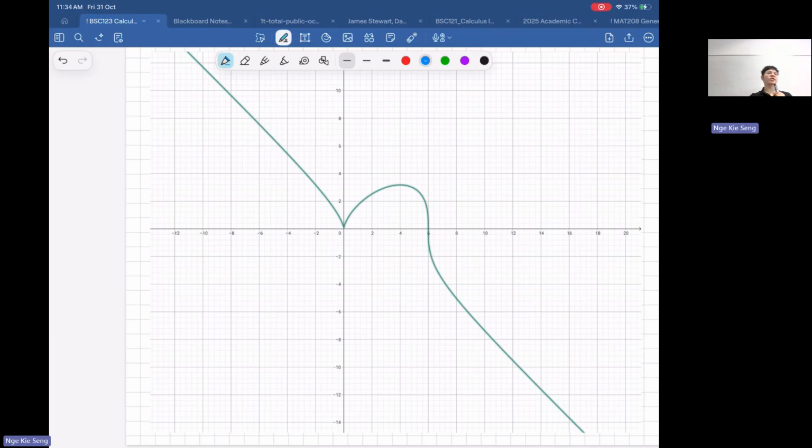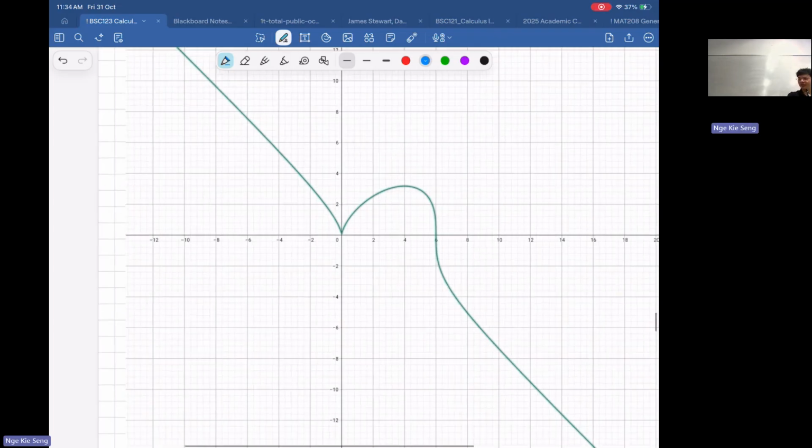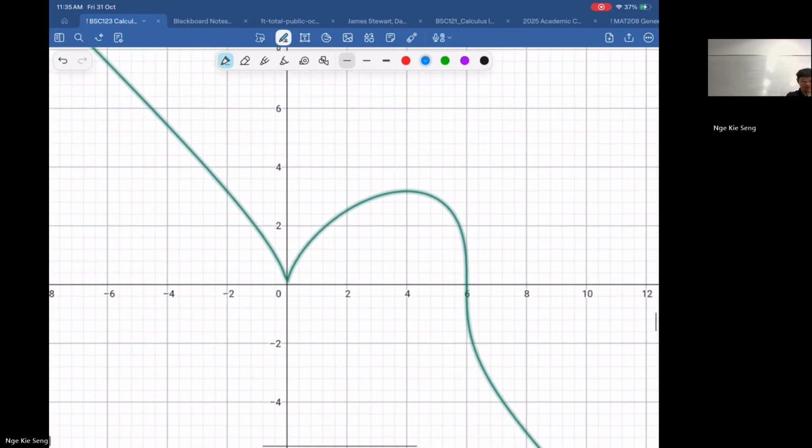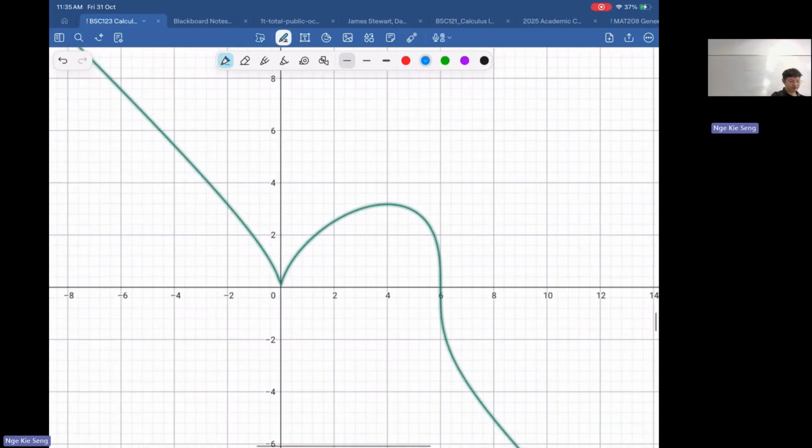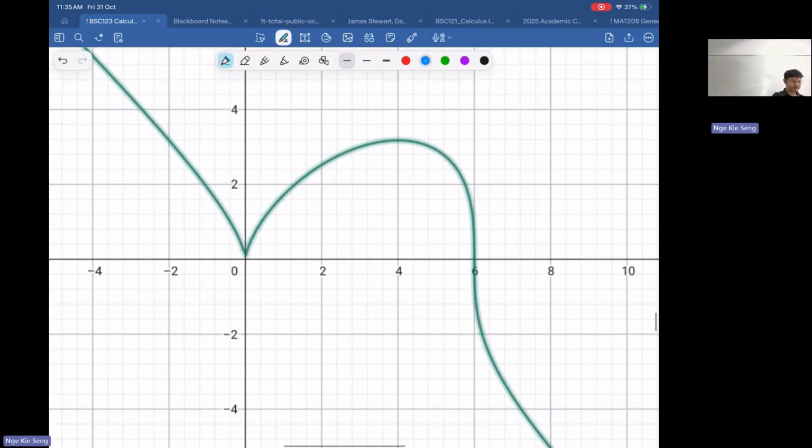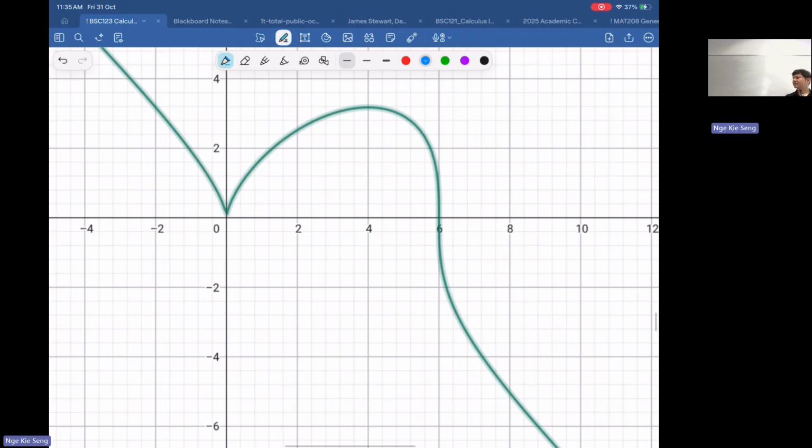Since the left and right have the same pattern, let's zoom in to this special part here.